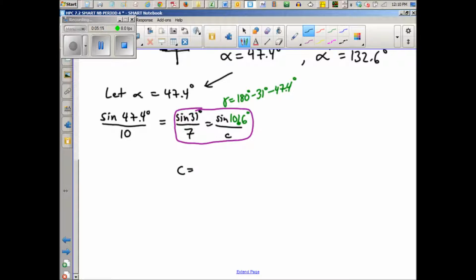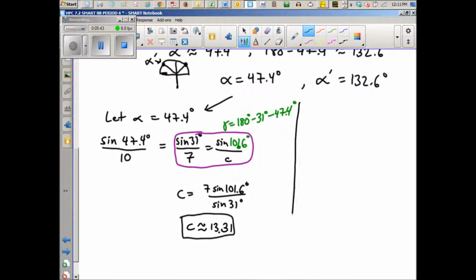C would basically be 7 sine 101.6 over sine 31, which is 13.3. And I think I said we would do nearest thousandth, or hundredth I mean, on sides. So that's C.